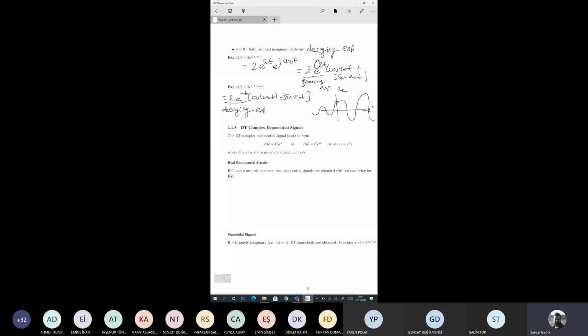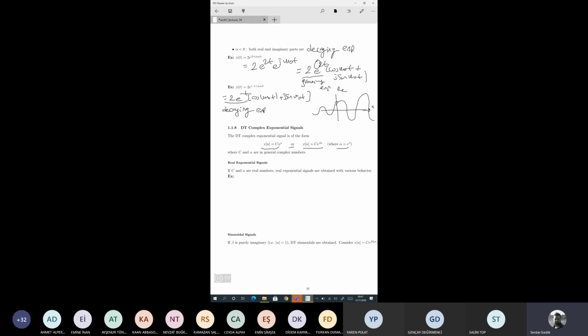Okay, well, what about discrete time complex exponentials? Again, you can write a discrete time complex exponential as x of n equals c times alpha to the power n, or in other words, x of n is equal to c times e to the power beta n, and if alpha is equal to e to the power beta, then we have both representations equal.